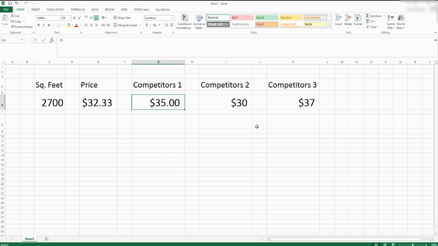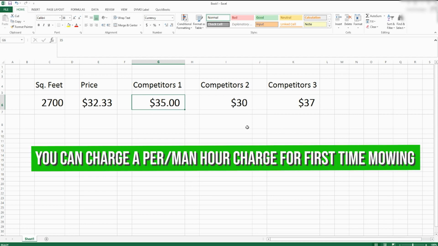When those people call, they're going to say, oh yeah, we just mowed it, it's recently done, it's not that bad. It's always not that bad. You're always going to hear that. So in order to eliminate those issues, we charge $45 per man hour on the first mowing, or whatever that number is for you.